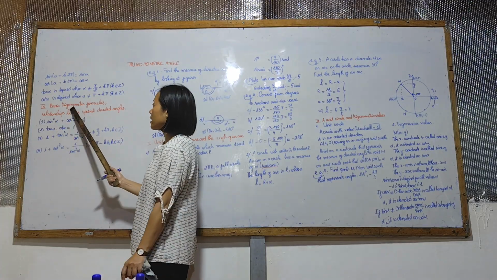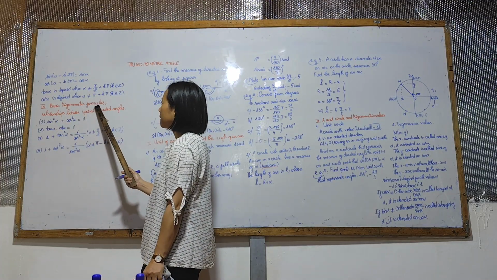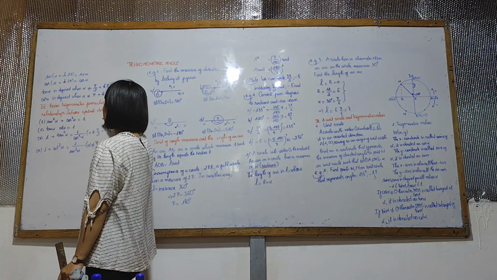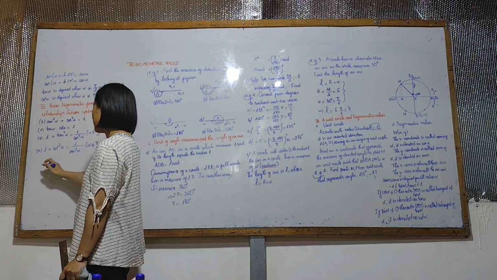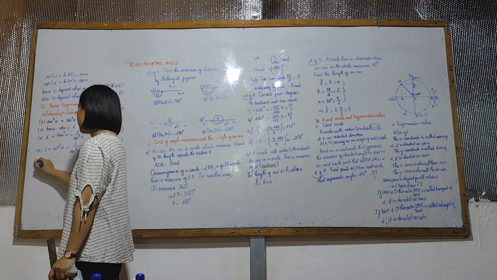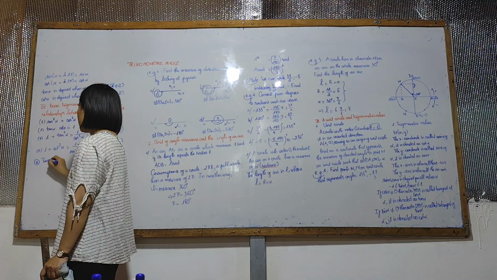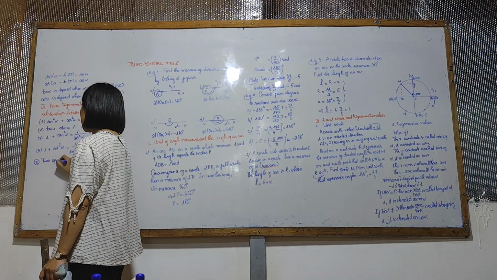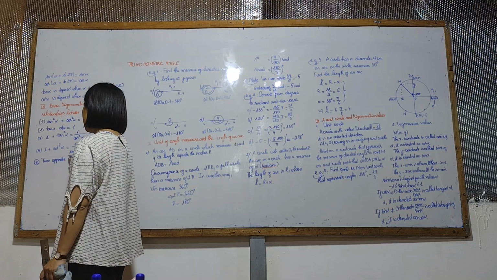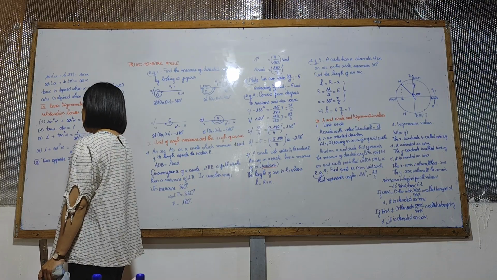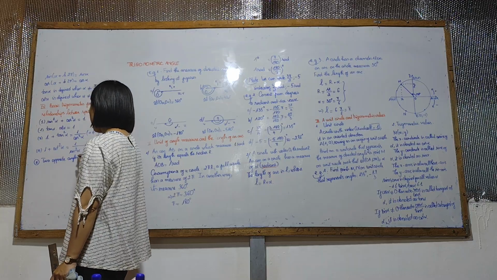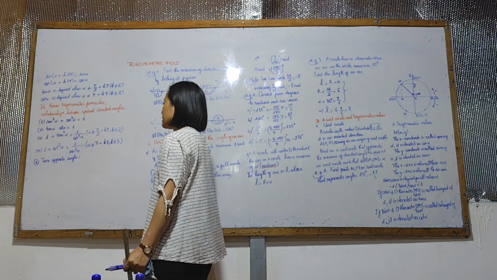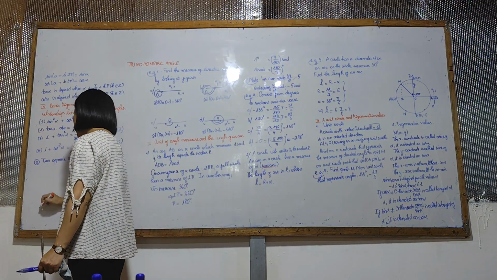These are the basic trigonometric formulas. And some special directed angles. We have two opposite angles. Two opposite angles have the same value of cosine.